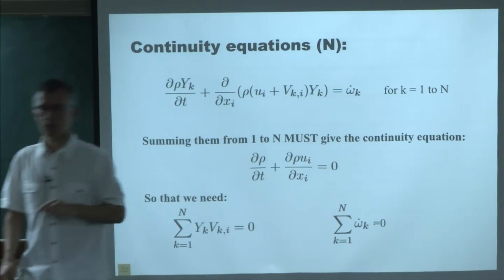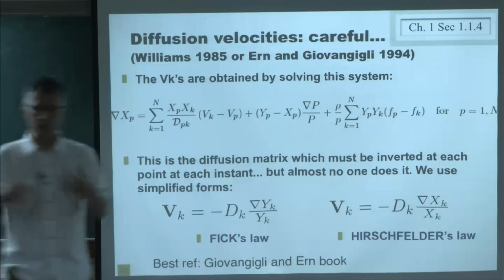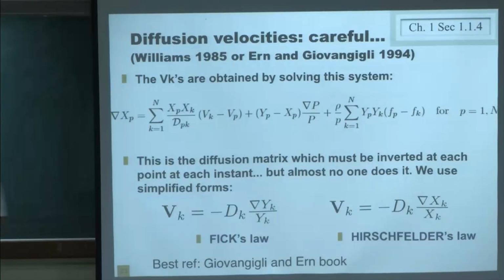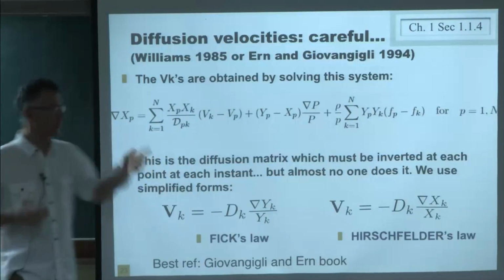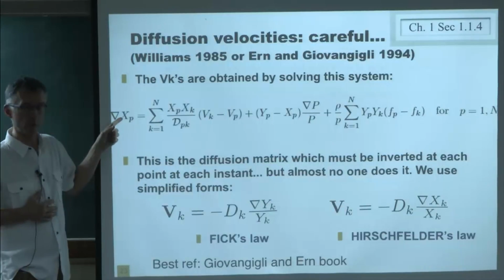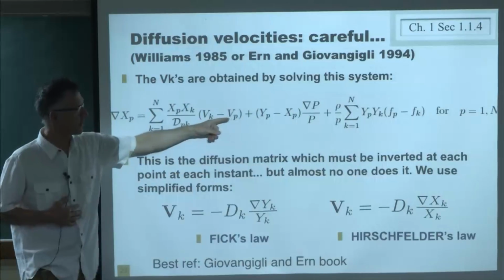Now, how do you find the Vk? That's a more tricky question. The Vk, the diffusion velocities, can be obtained by kinetic theory, but the Vk don't come out by saying Vk equals something. If you really write the equations, you see that the Vk's are actually given by this equation, which says the gradient of the mole fraction of p is equal to that, with Vk minus Vp, and there are additional terms.